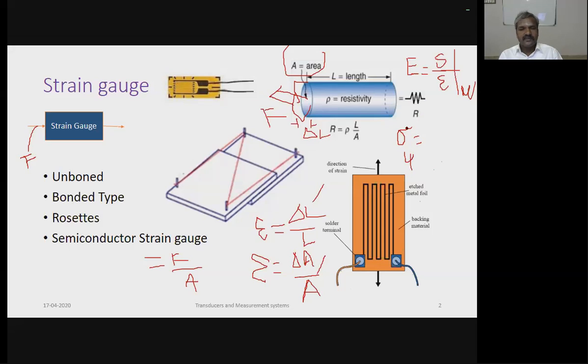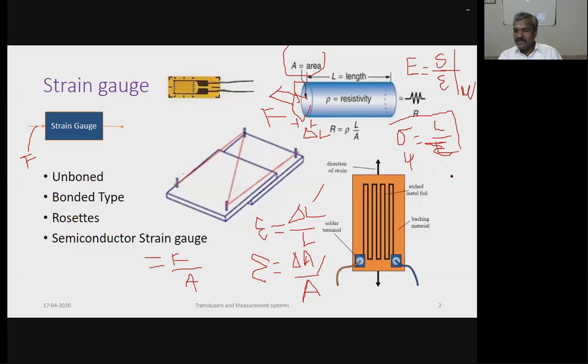What is meant by Poisson's ratio? Poisson's ratio is nothing but the lateral strain to the longitudinal strain. Lateral strain is del A by A. Longitudinal strain is del L by L, change in length by original length. This is epsilon, not E. So lateral strain divided by longitudinal strain is called Poisson's ratio.